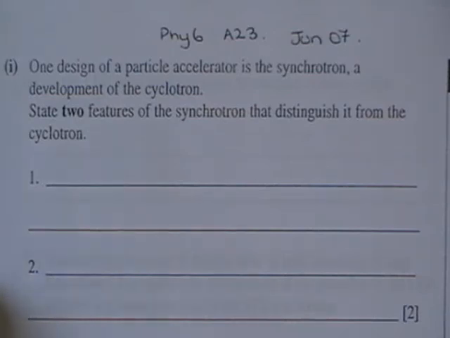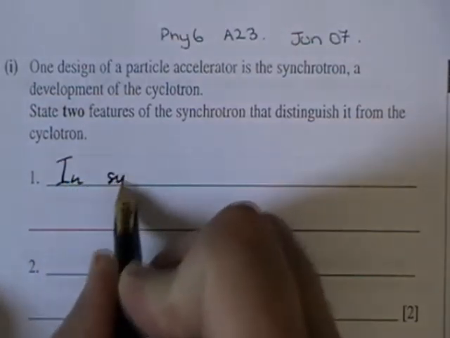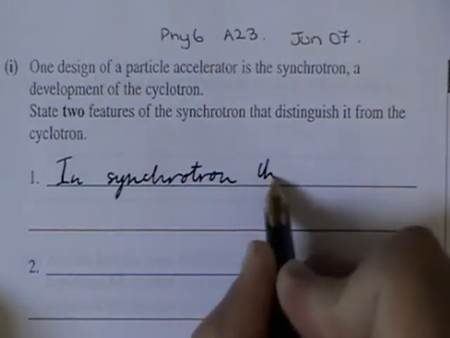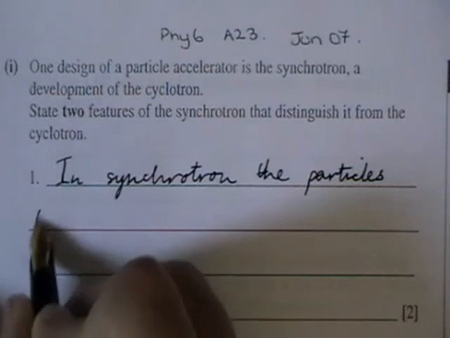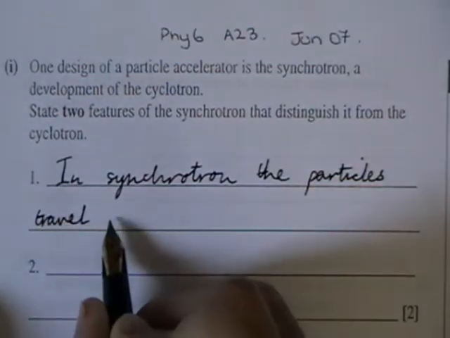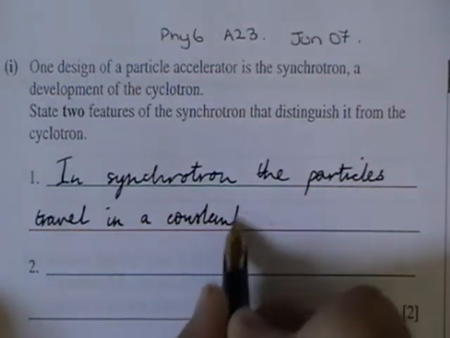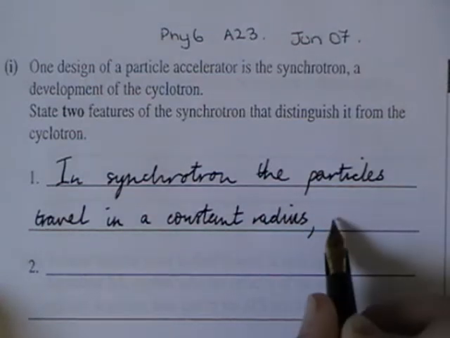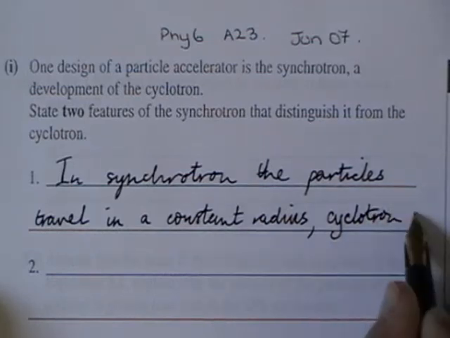So in the synchrotron the particles travel in a constant radius. The cyclotron radius increases.